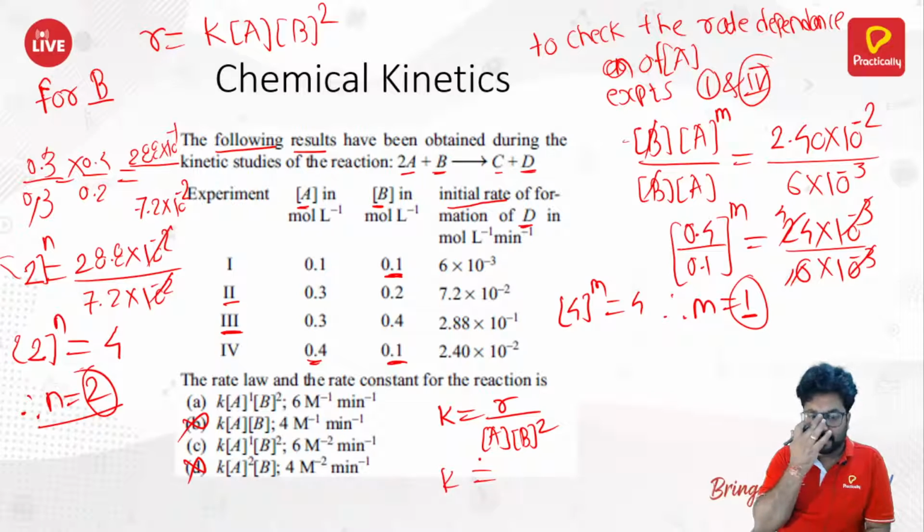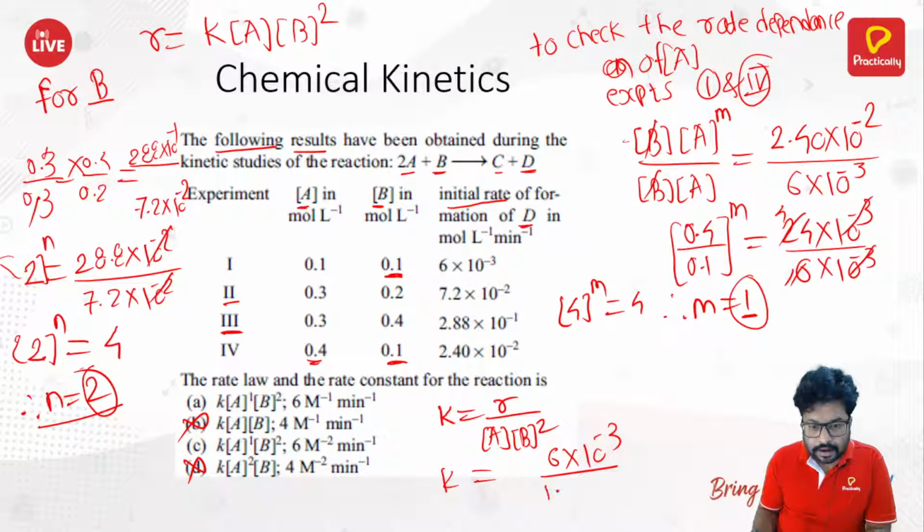You can take any experiment for that matter. Let's suppose we take the first experiment. The first experiment rate is 6 into 10 raised to minus 3, right? R is K A B square. What is A? 0.1, 10 raised to minus 1, right? What is B? That is also 0.1, 10 raised to minus 1, bracket square.